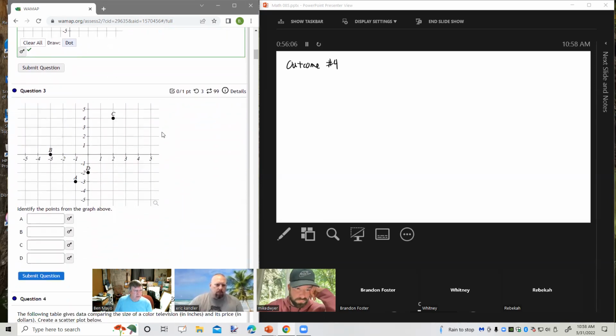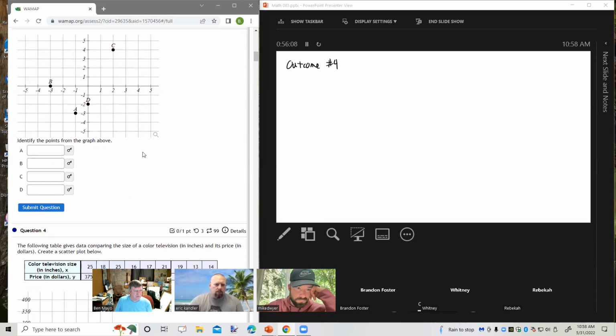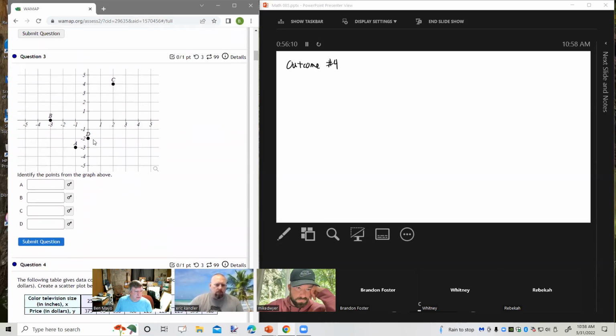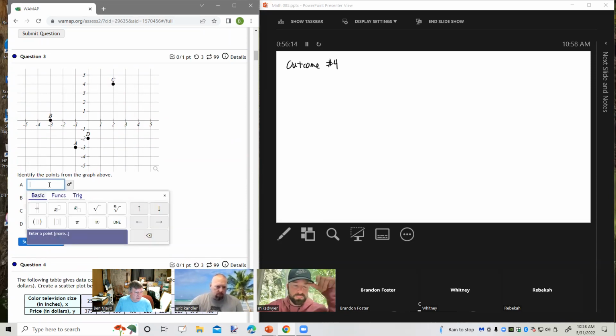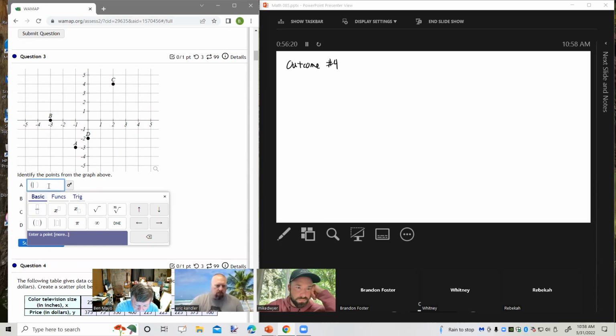Okay. Now we've got the points, we've got to identify them. Point A would be what? -1, -3. So parentheses, actually, you know what? I'm just going to use the parentheses on the keyboard. -1, comma, space. Oh, that's right, I can't use the space. Yes, I remember that. -3.